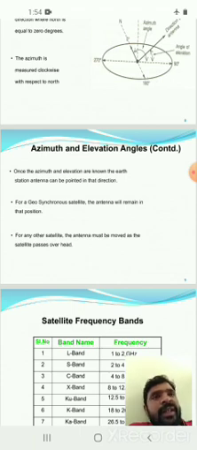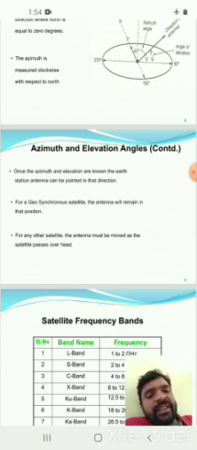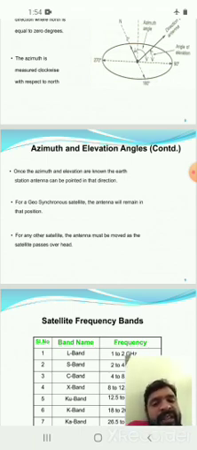In this way, the Earth's rotation equals the satellite's rotation, so the Earth and satellite always appear stationary or constant. That is why it is called a geosynchronous or geostationary satellite, and its position always remains constant.